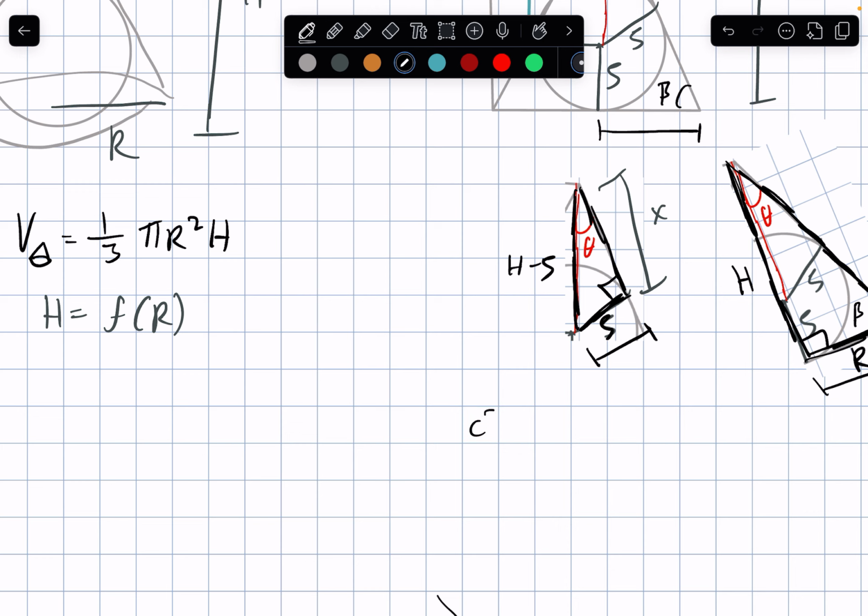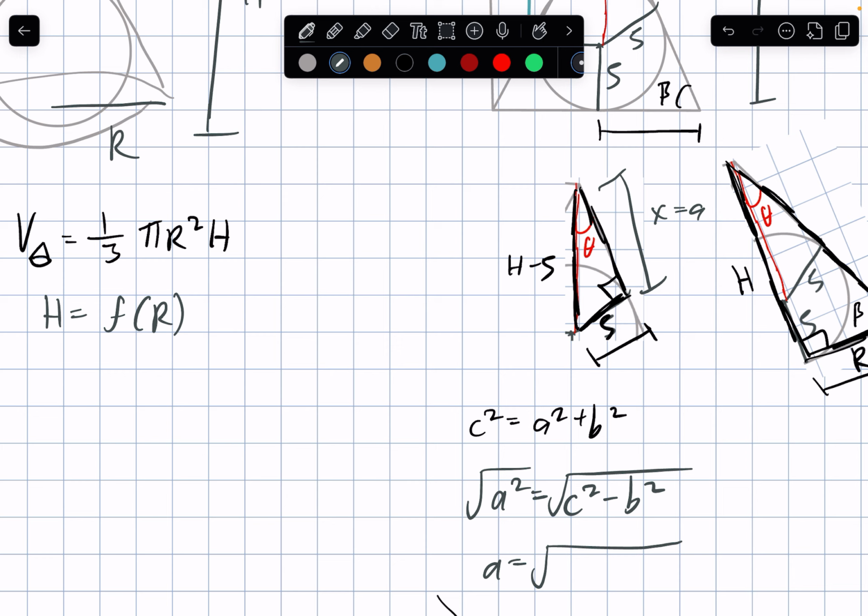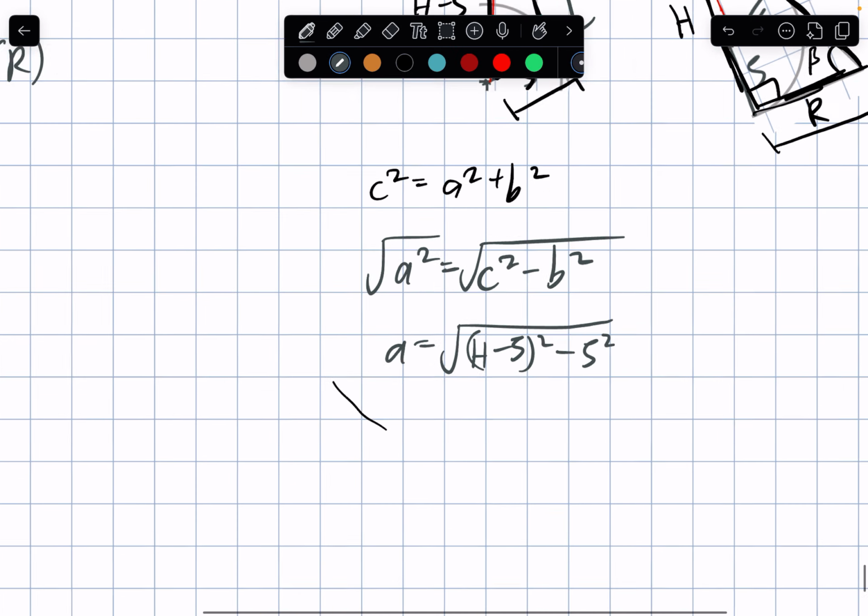Using the Pythagorean theorem, let's assume that x is equal to a. So a squared is equal to c squared minus b squared. C is h minus 5. B is 5.